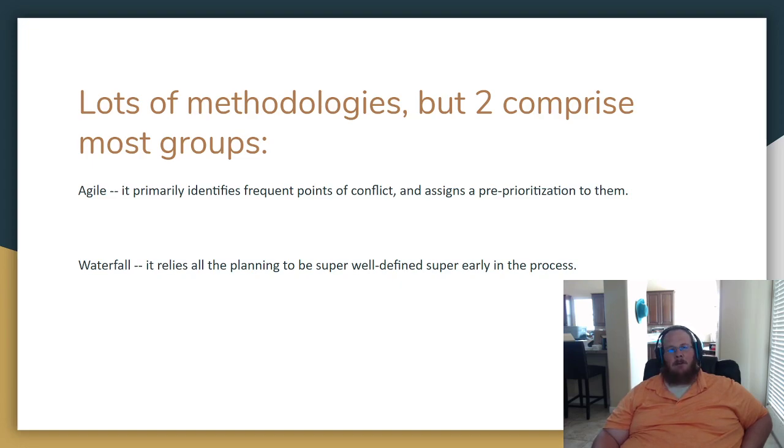This is good for very mature companies with very good designers, very good modelers of work, very good sales expectations, and communicators of needs. Waterfall is tremendous for those kinds of environments.